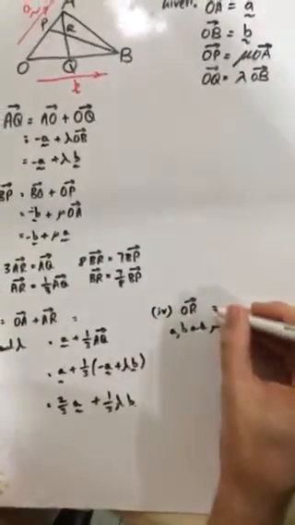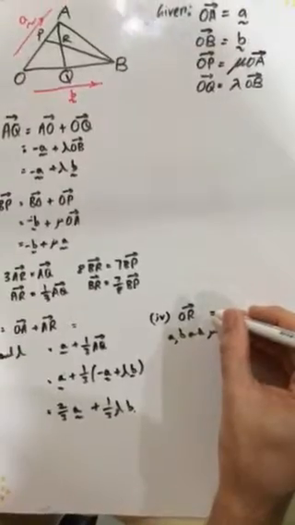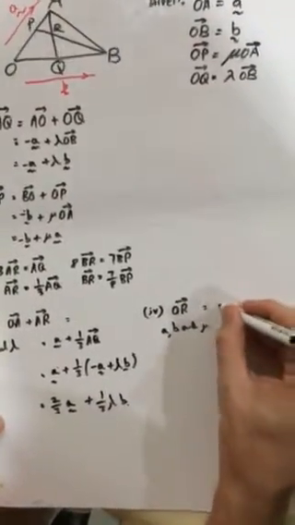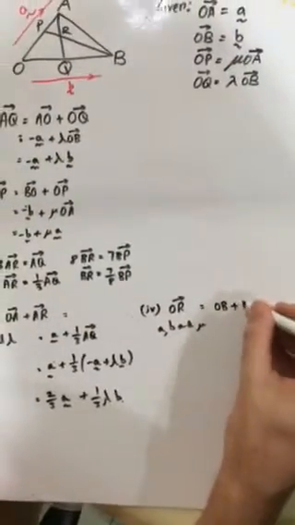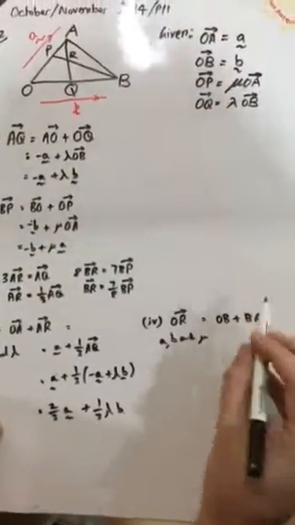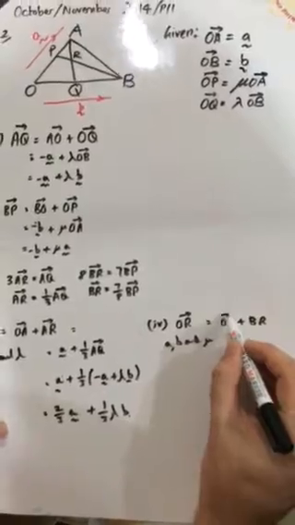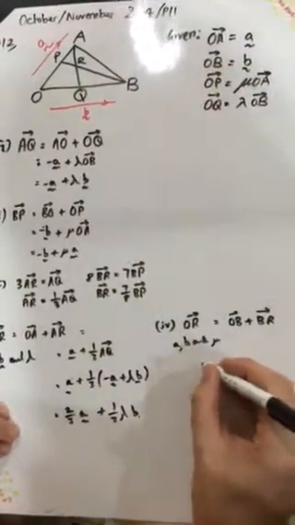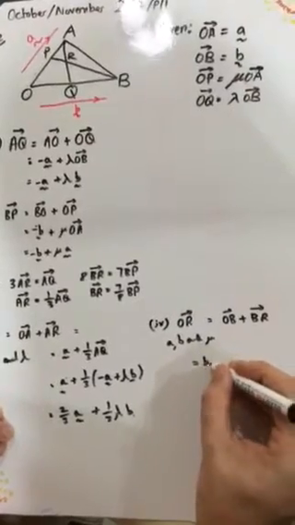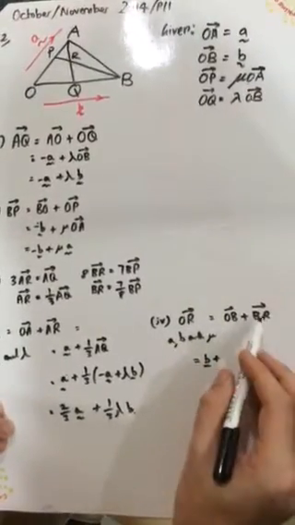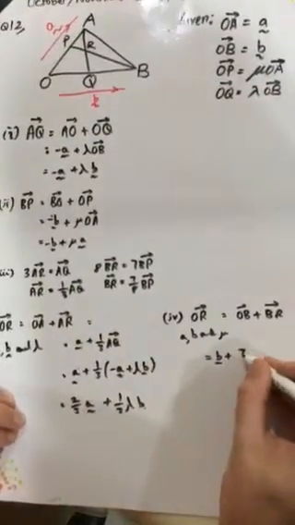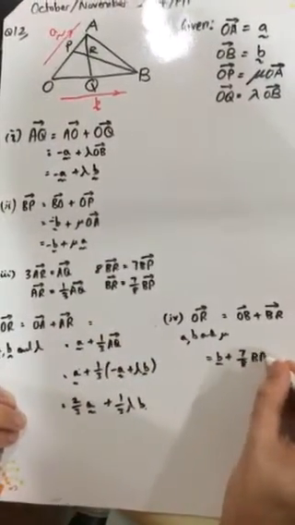So we've got OB plus BR. Now we know that OB is equal to B, and we've said earlier in our introduction that BR is equal to 7/8 of BP.